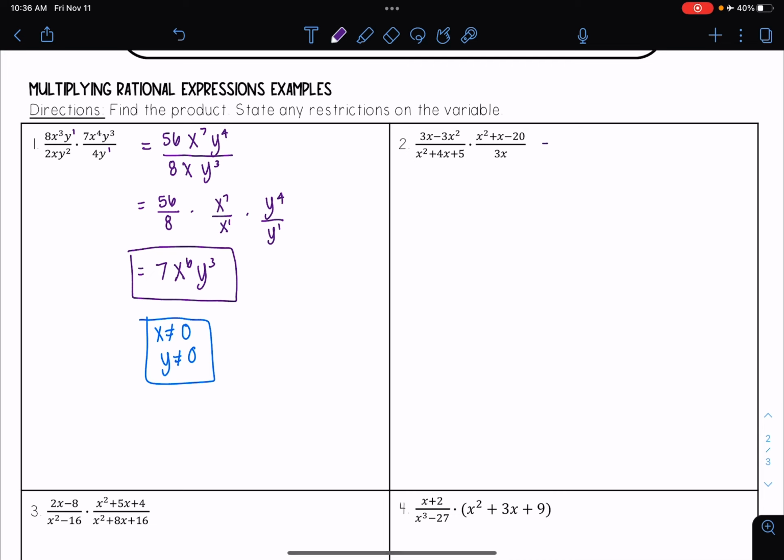When I factor the top of the left-hand fraction, with 3x minus 3x squared, they share a 3x. However, I always like having x at the beginning of the expression because that's how it normally looks whenever we factor. So I want to take out a negative 3x. When I take out a negative 3x, this becomes x minus 1.